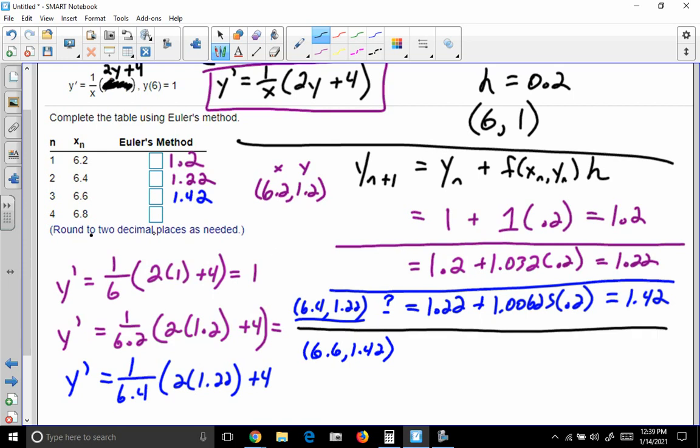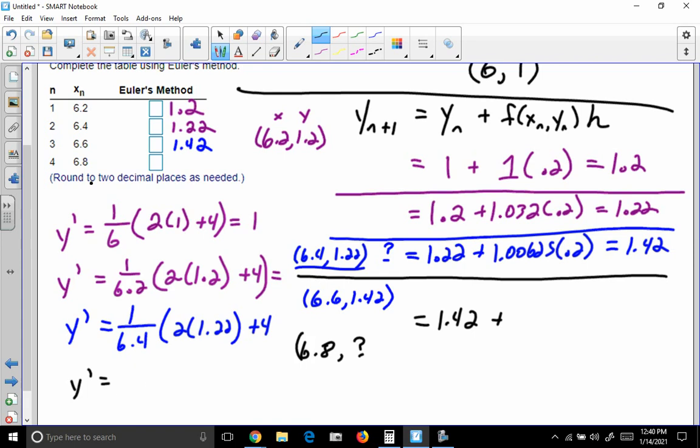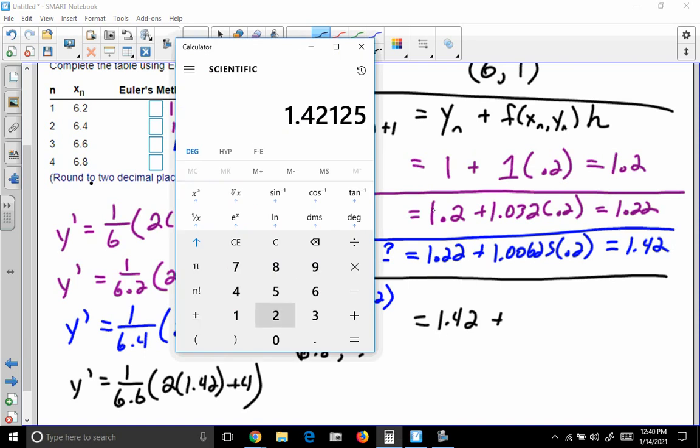So we're going to use that point to get our last one. We want to find out when we get to 6.8, what y value are we going to be at? So we're starting at a y value of 1.42. Our slope at that point is y prime equals 1 over that times 2 times the y value plus 4. So our slope, we can type that in.